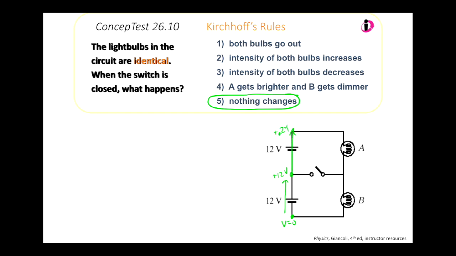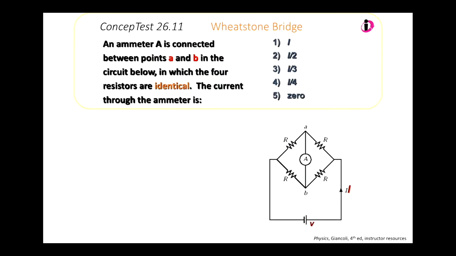And then since the resistors of the light bulbs are equal, and also I have to go around the loop and get back to V equals 0, well then this must be negative 12 volts, and this must be negative 12 volts, which means that this point is at the exact same potential as the other side. Even if I make the connection, there's no potential difference. There's no reason for anything to flow that way, even with the conductor being connected. Okay? Maybe using that answer, you can come up with a very nice answer here.